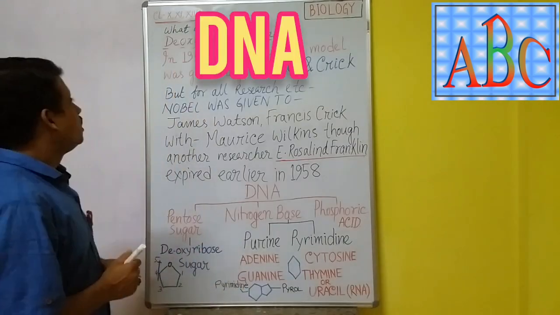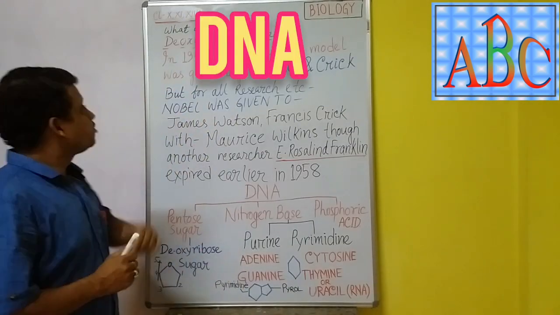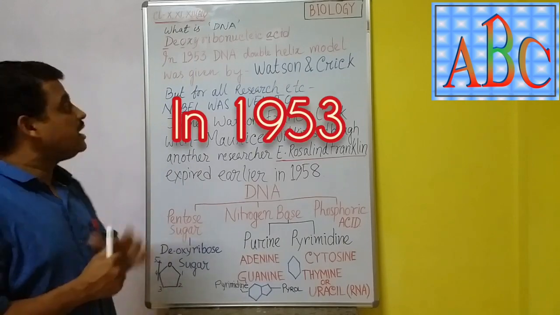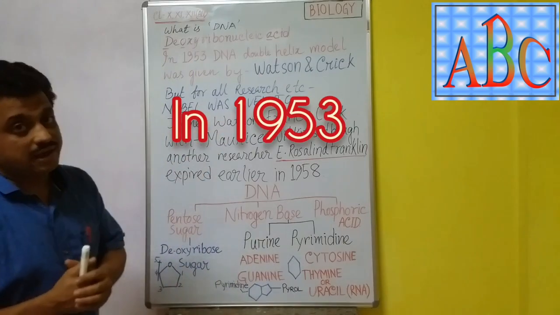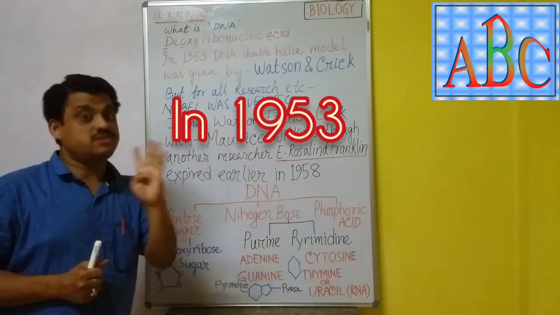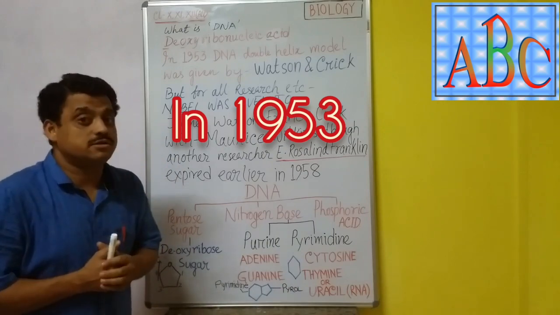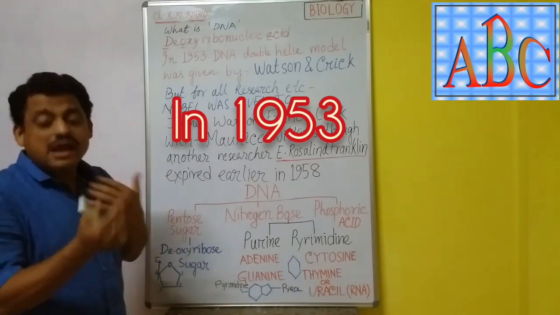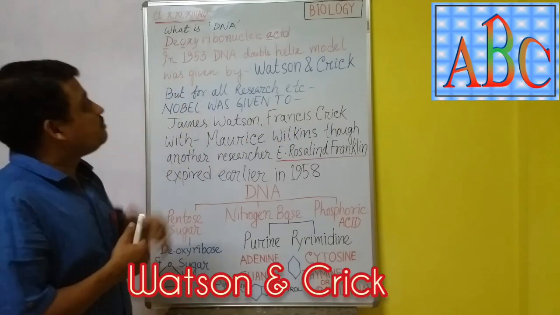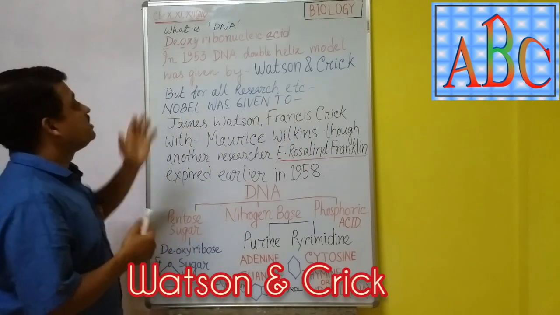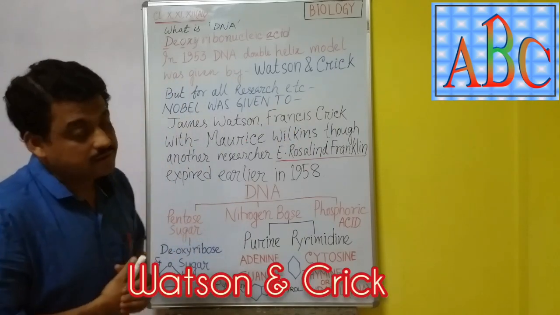What is DNA? Deoxyribonucleic acid. In 1953, the DNA double helix model was given by actually 4 scientists who worked together on this research. But finally, we came to know that in 1953, the DNA double helix model was given by Watson and Crick.